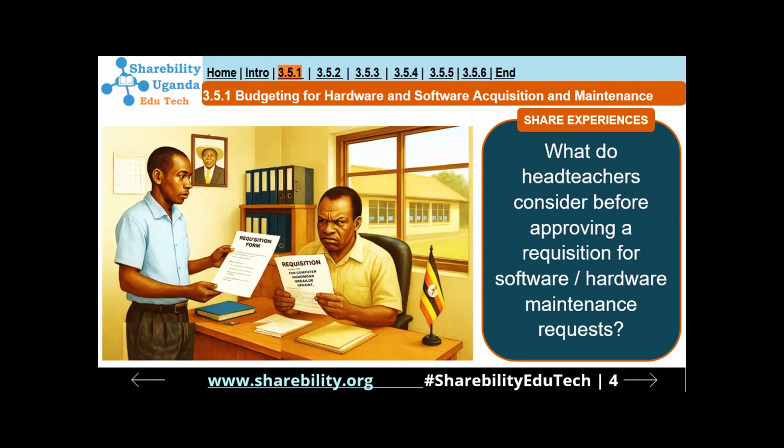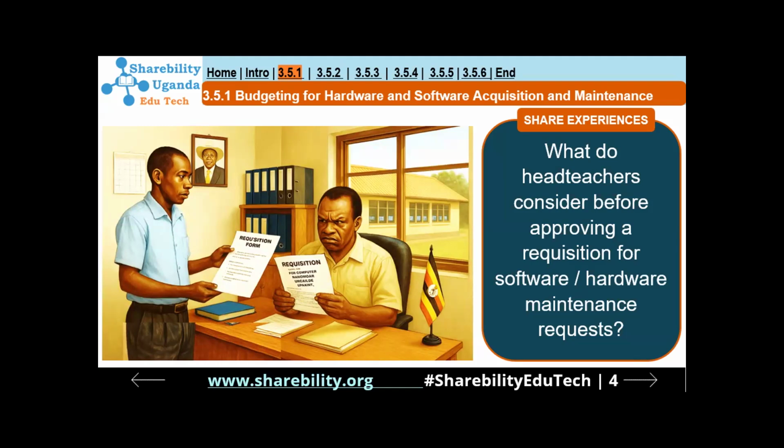My experience is that some schools make budgets, and ICT as a sector or department is not captured in the school's budget. So sometimes when you write a requisition and forward it to the head teacher, he can have a gloomy face, because when he looks at the budget, he doesn't see where to get that money from.